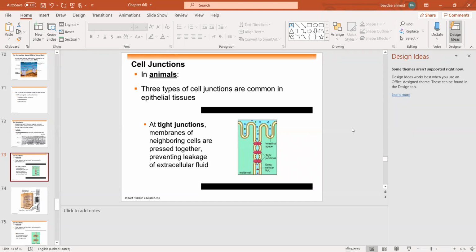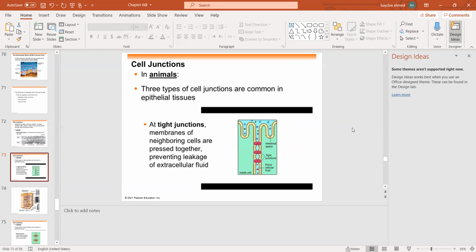Cell junctions in animals: in general, there are three main types of cell junctions. They are tight junctions, desmosomes, and gap junctions. All three types are especially common in epithelial tissue, which lines the external and internal surfaces of the body. Our circulatory system and respiratory system are lined with epithelial cells.